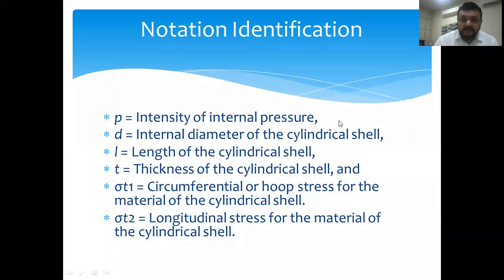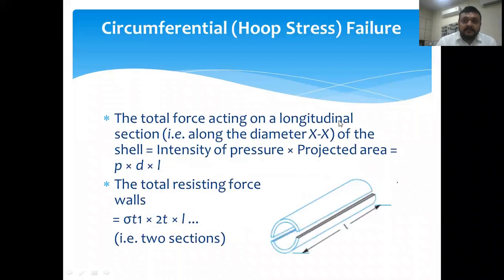Now our thin cylindrical pressure vessel is failed in two ways. One is the circumferential stress sigma T1, and how it is resisted, we will see in these slides.